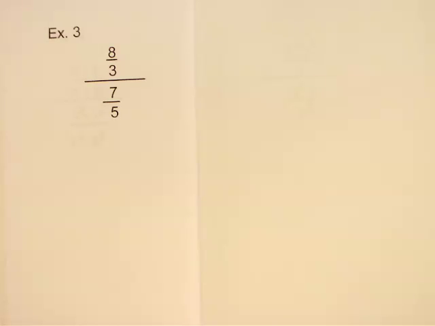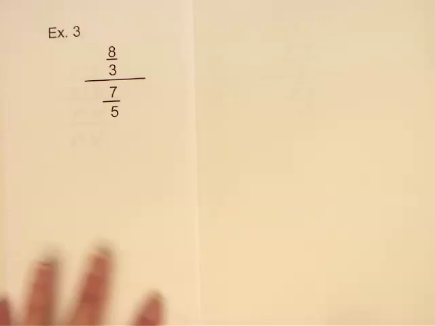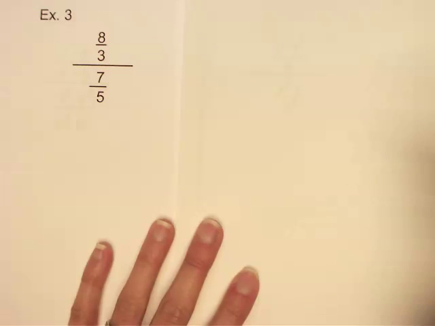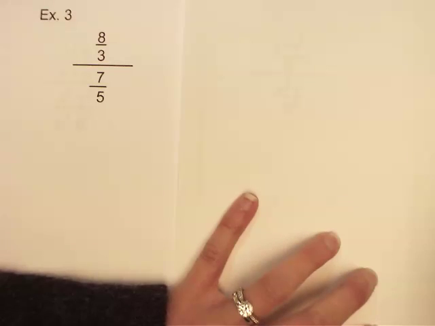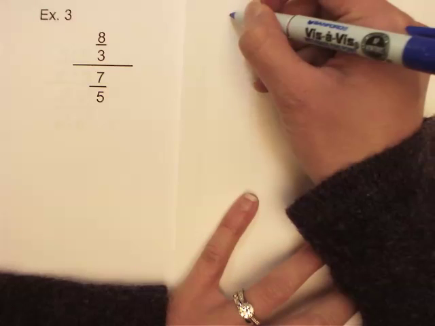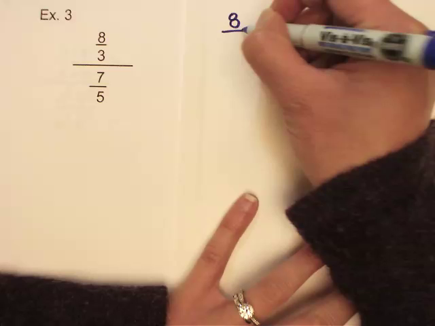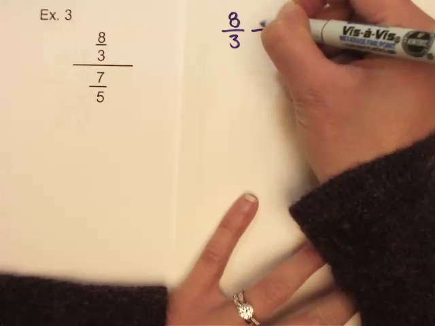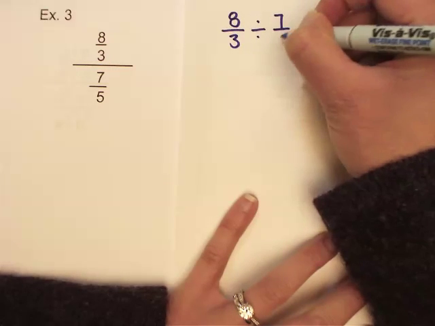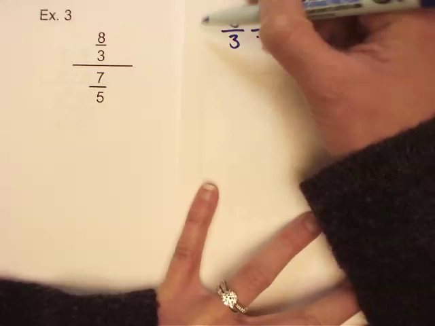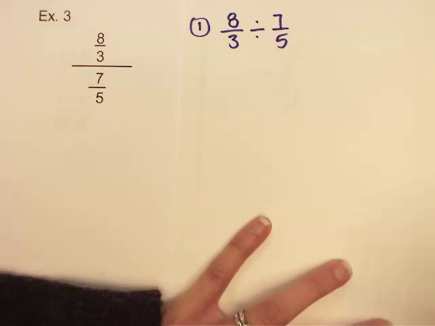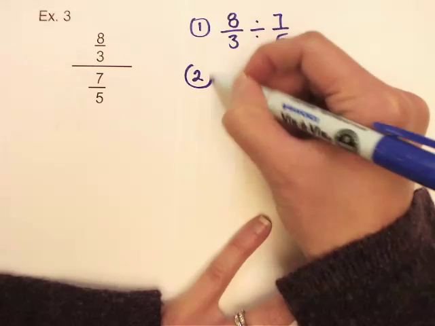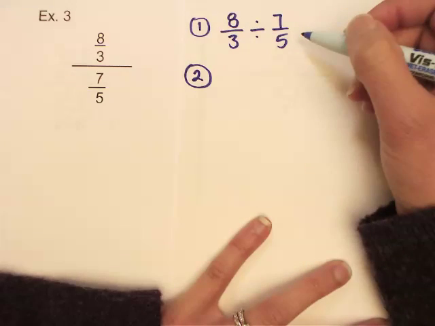I'm going to take a look at that first example. When we have 8/3 divided by 7/5, we're going to rewrite it as a division problem. So that's 8/3 divided by 7/5. That's step 1. Step 2, we rewrite it as a multiplication by the reciprocal.